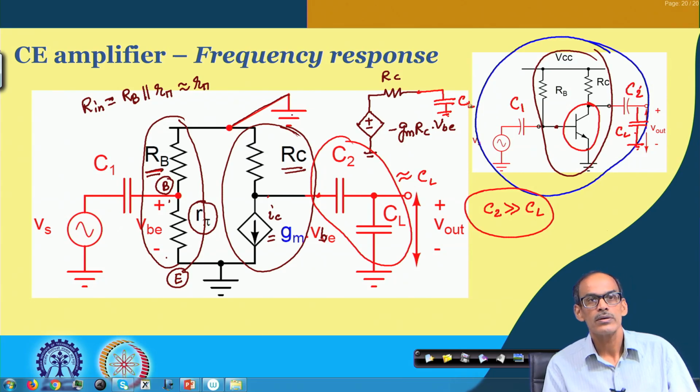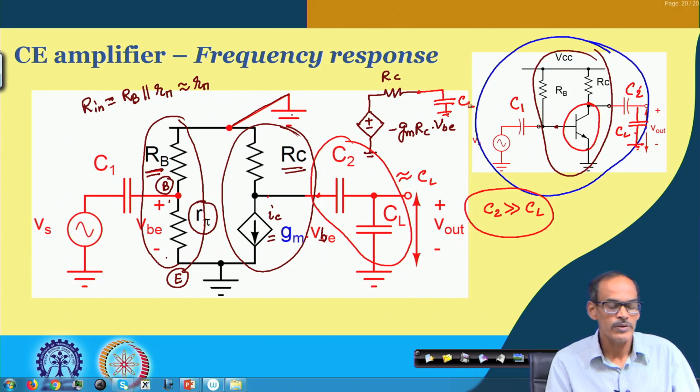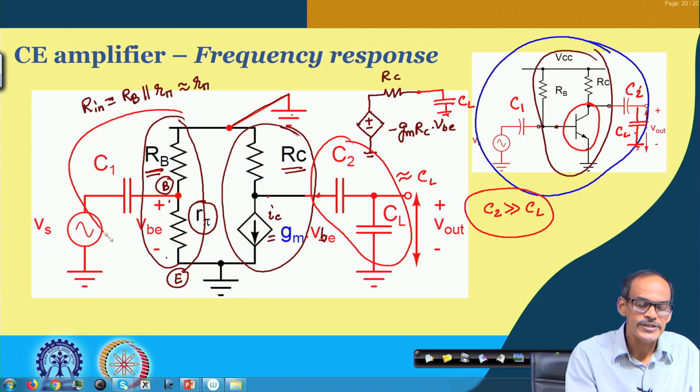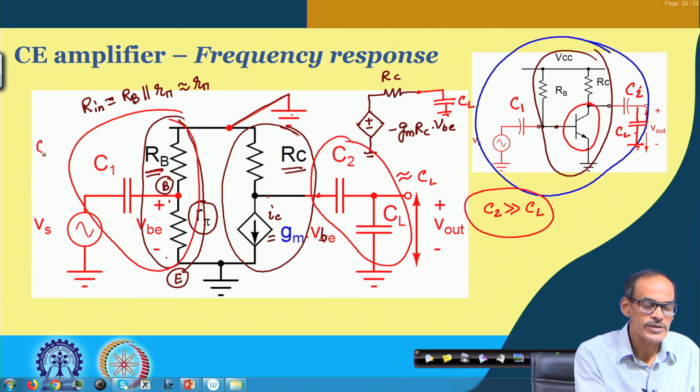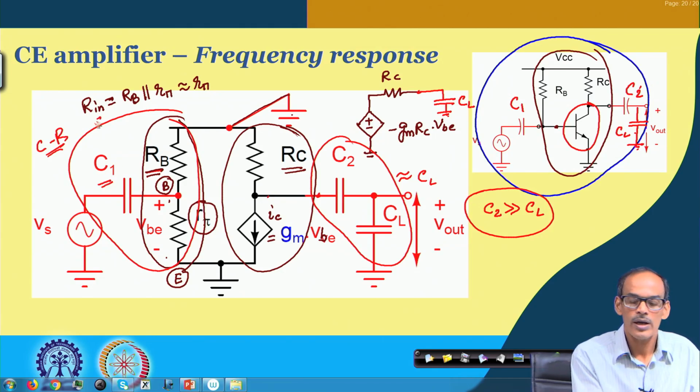Similar to the common source amplifier, here again we get a CR circuit consisting of C1 and R in.